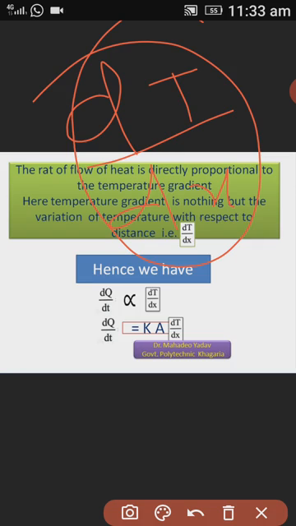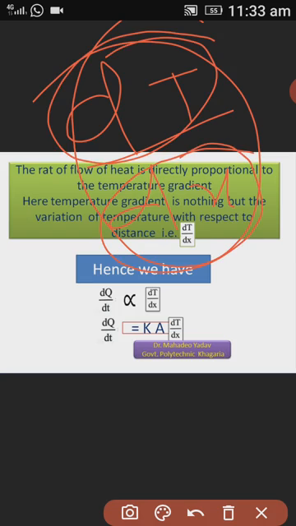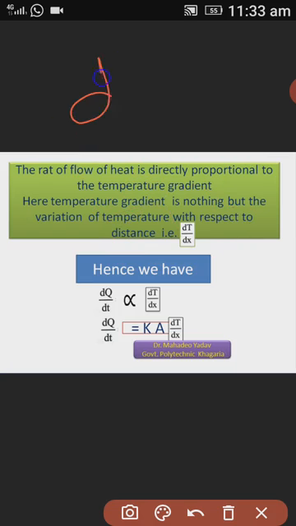So at different distances the temperature on the rod is different. The dt by dx is the temperature gradient. Then it is found that the rate of flow of heat is directly proportional to the temperature gradient.